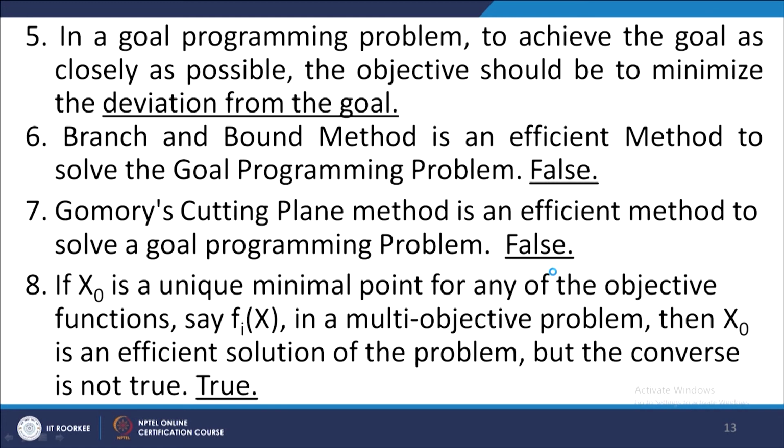Question number 8. If x0 is a unique minimal point for any of the objective functions, say fi(x), in a multi-objective problem, then x0 is an efficient solution of the problem, but the converse is not true. The answer is true. This is the theorem that we have learnt.